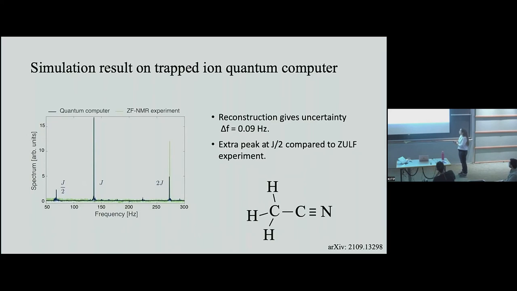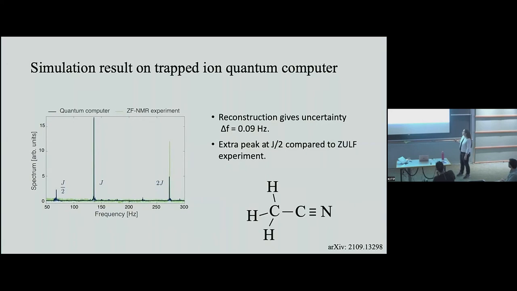And we also observe this extra peak here at J/2. And this is actually a really interesting story that I don't have time to get into, but this is something we did not expect to see, but it turns out it makes complete sense when you look at the molecule that we're simulating.